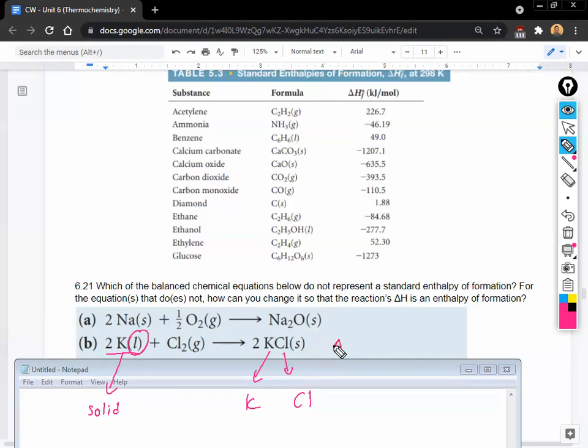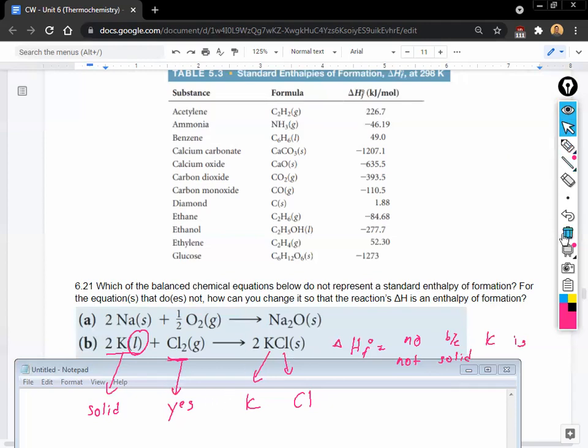So right off the bat, we already know that the delta H of this, oops, I flipped those around, is not going to be the standard enthalpy of formation. It's because K is not solid, it's in liquid form. We want the metal in solid form. But Cl2 right here is in its most basic form. Cl is a diatomic gas, so it wants to exist as Cl2 gas. So just be careful about those.